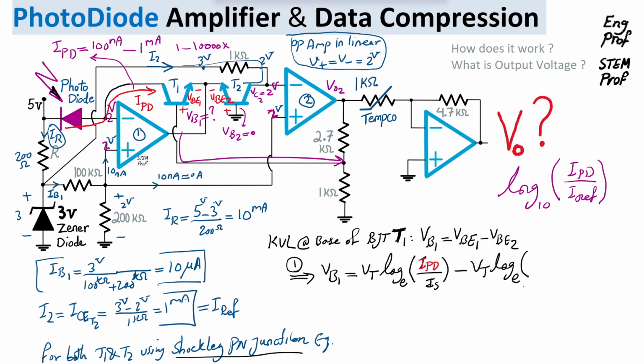So I'm going to simply say I2 and then divide by IS. The reason that I'm using the same thermal voltage for both transistors and the same saturation current for both is because I made the reasonable assumption that these transistors are matched NPN BJT pairs in the same package.